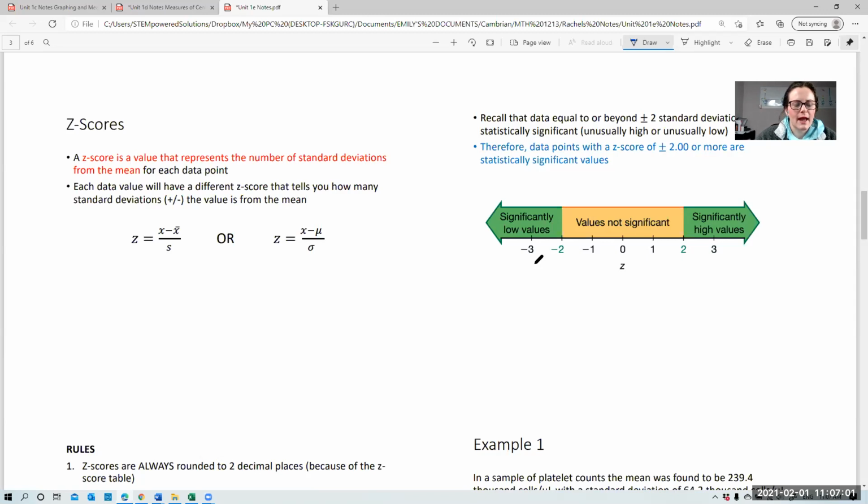Z equals X, the data point, minus X bar, the average, divided by S, the standard deviation.